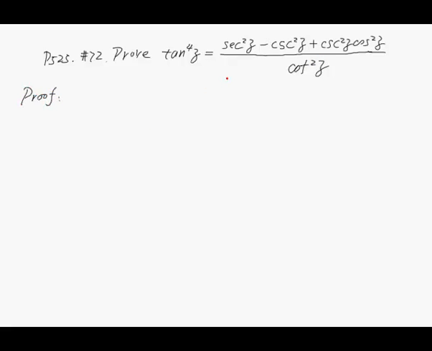So definitely the right side is much more complicated, so we begin with the right side. Now tell me what should be my first step. Definitely you need to deal with the numerator, right? Then in the numerator, what should I do?